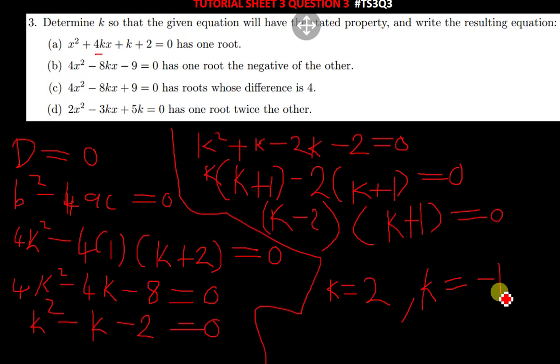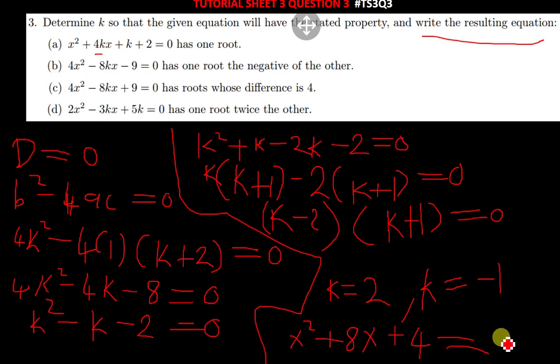So when you replace this, the question is telling us to write the resulting equation. Let me just write the first equation; the second one you write on your own. The first one is x squared plus, where there's k we put 2, so we have 8x, and then 2 plus 2 there, we're going to have plus 4.